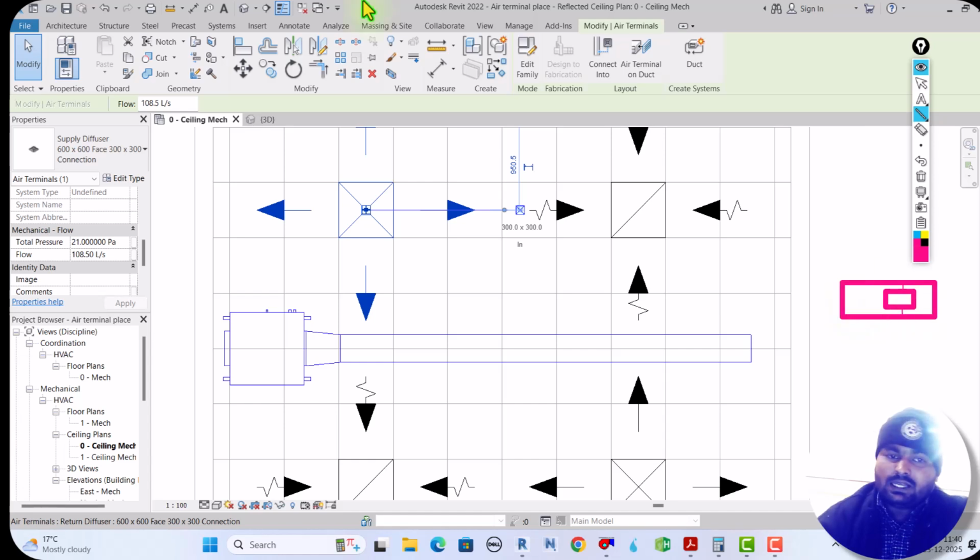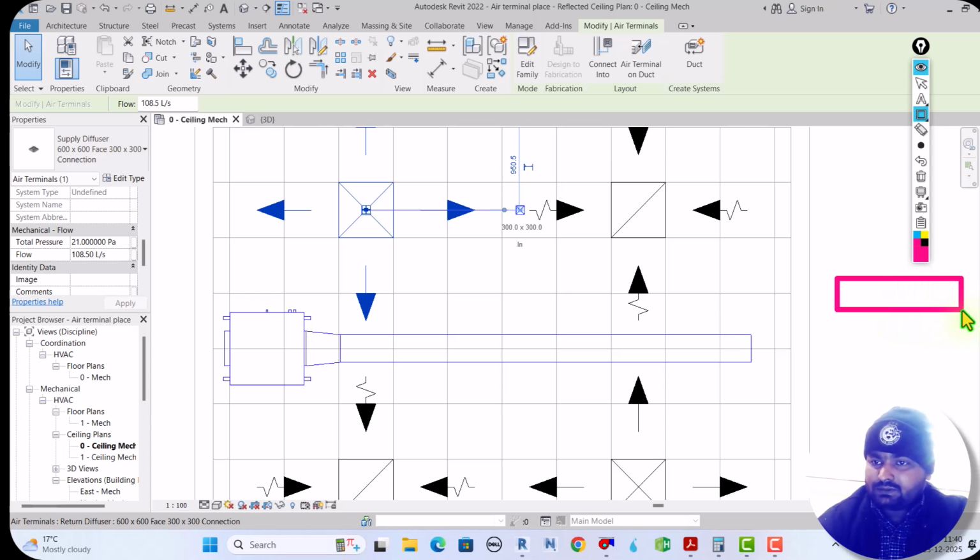And similarly, if this is the main duct, this is the height of the duct.